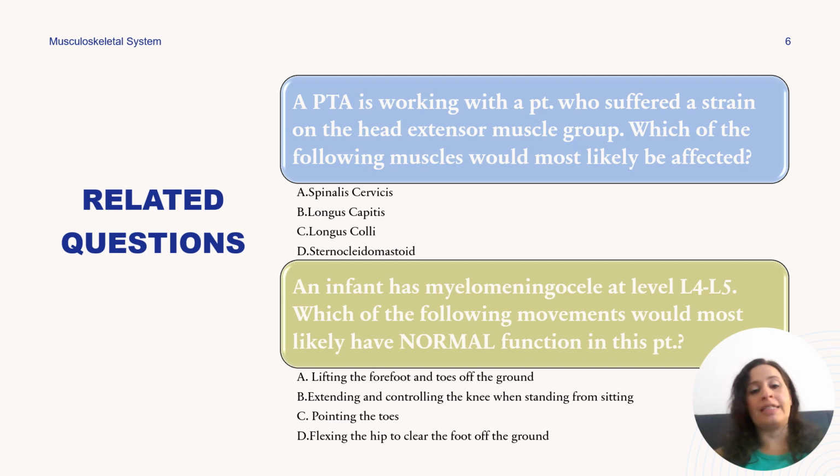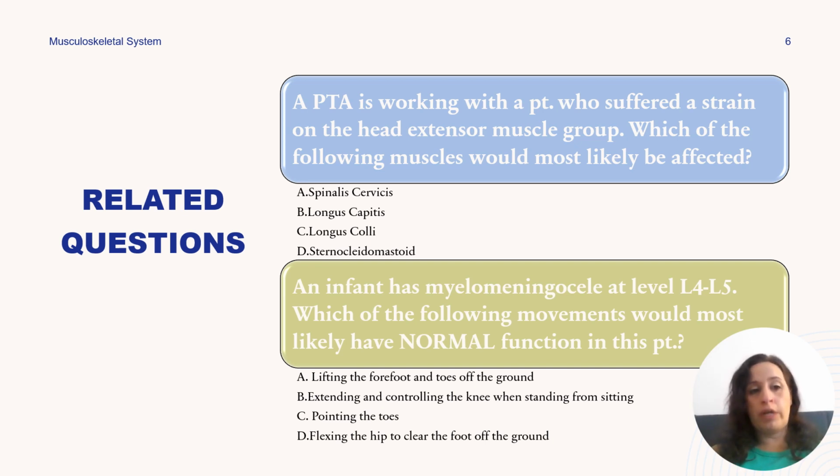Whereas spinalis, which is part of the erector spinae, I love spaghetti, iliocostalis, longissimus, and spinalis, which is right there, spinalis cervicis, are all in the back. So the only one that's in the back that can extend is that spinalis. And spinalis cervicis, aka spinalis neck, neck extension in the back, makes sense. The rest are all in the front. That means they are flexors.